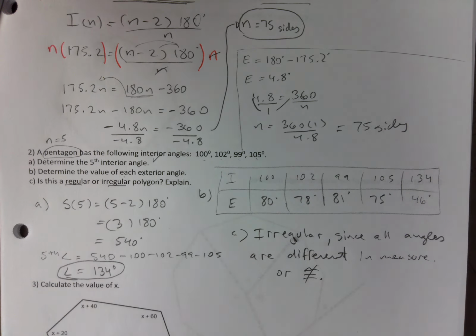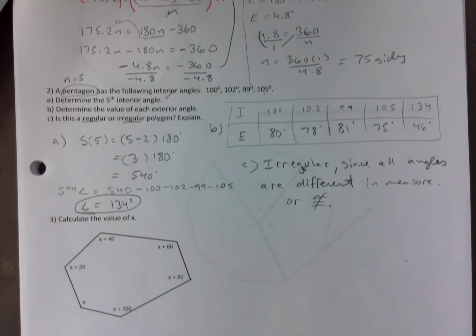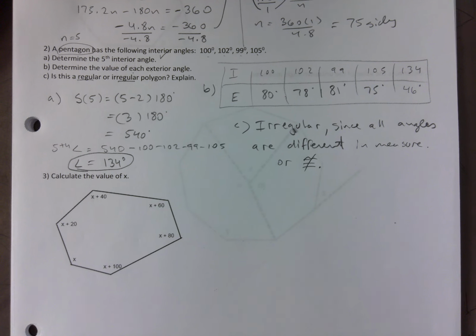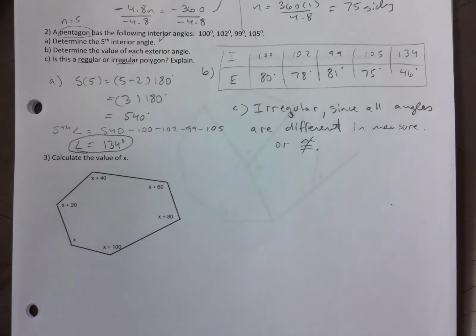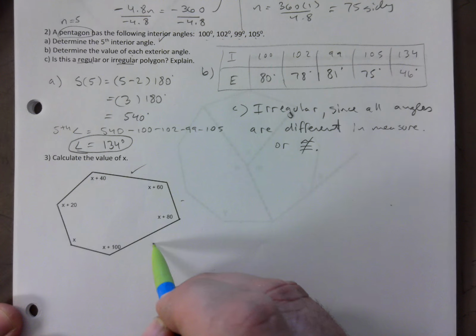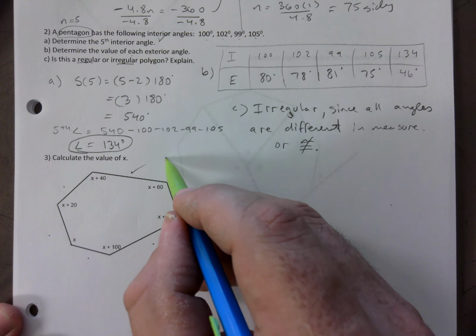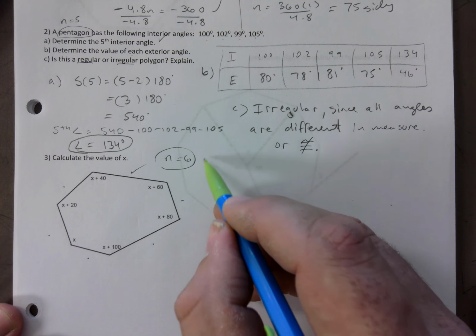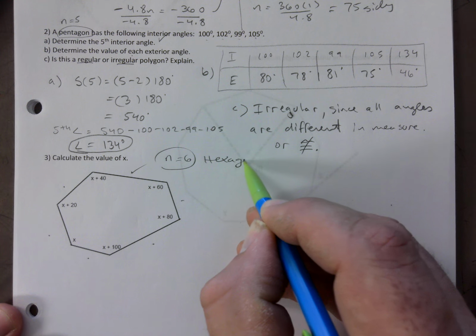What about this one down here? Any issues with that one? So the sum of interior angles is key, right, to help you out with a lot of these, to find the missing one. I'll just say this, count: 1, 2, 3, 4, 5, 6. This is a 6-sided. We call this a hexagon.